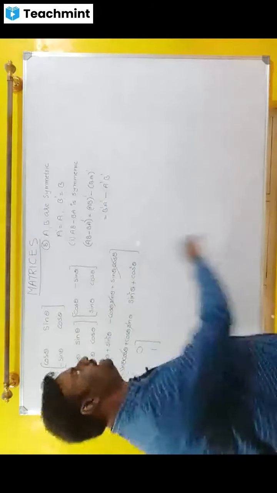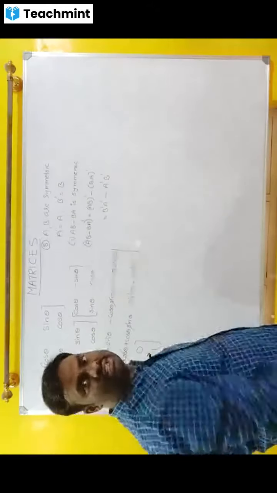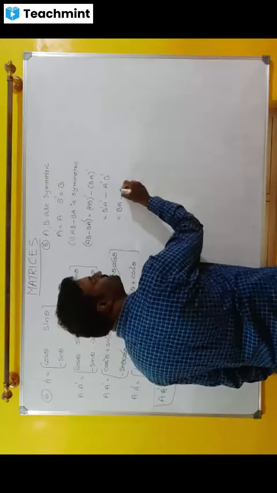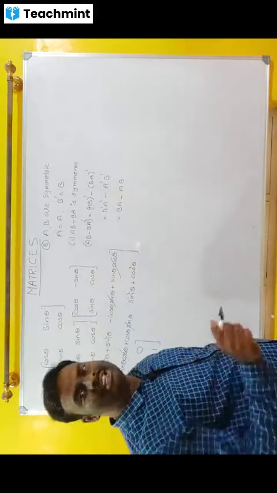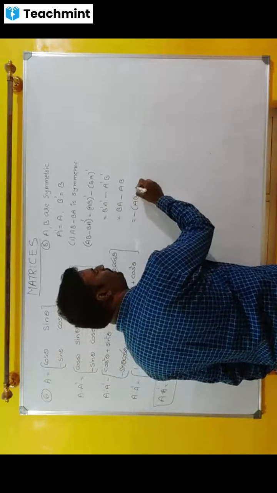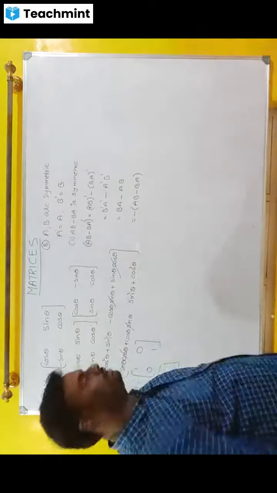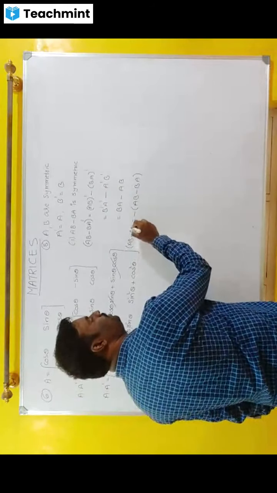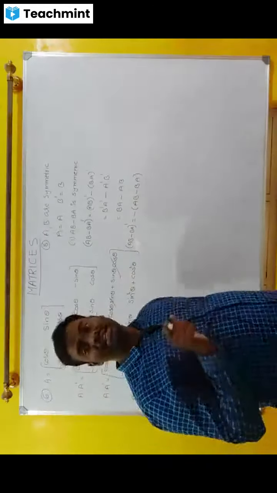Already we know A dash is nothing but A, and B dash is nothing but B. Substitute the two conditions here. Then what will we get? BA minus AB. In this, if you take minus common, then what will we get? Minus of AB minus BA. Then finally what did you get? AB minus BA whole dash is equal to minus of AB minus BA.